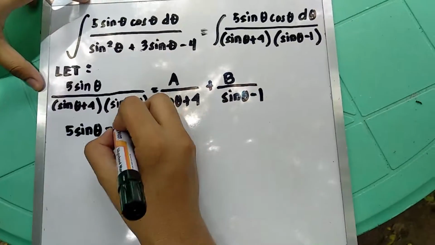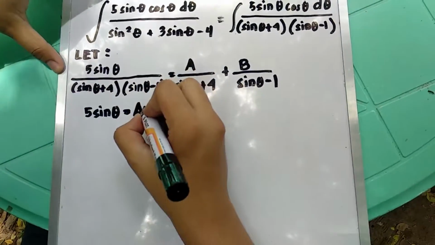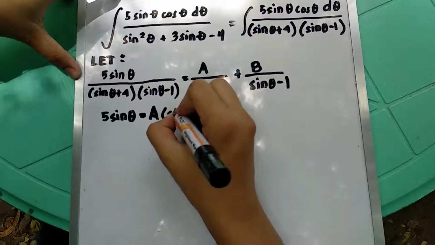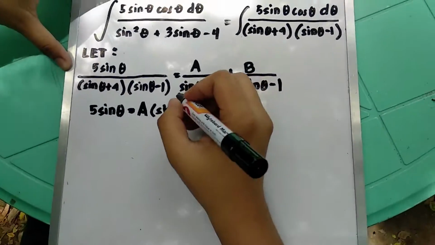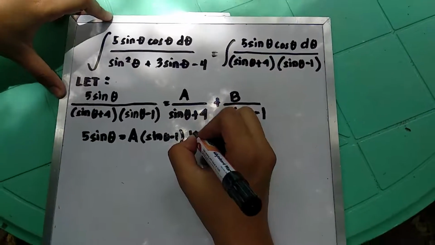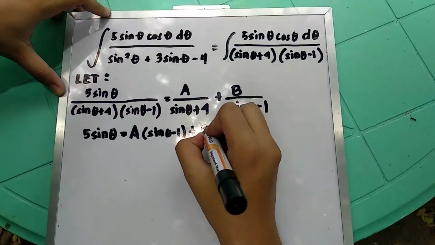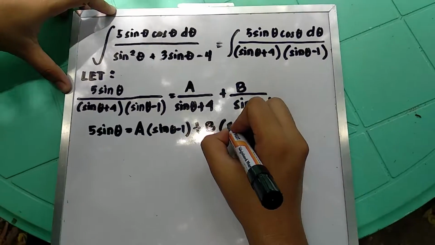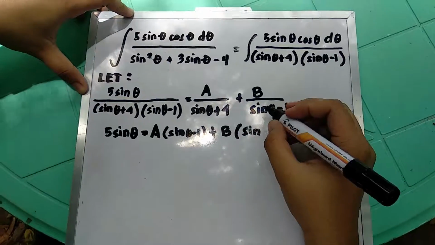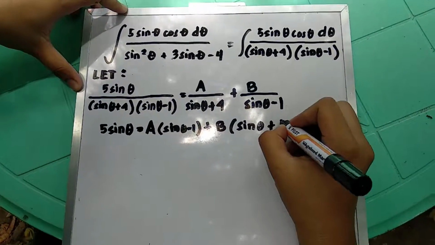We multiply through using the common denominator of the factors. Using that, we are left with 5 sine theta equals a times sine theta minus 1 plus b times sine theta plus 4.